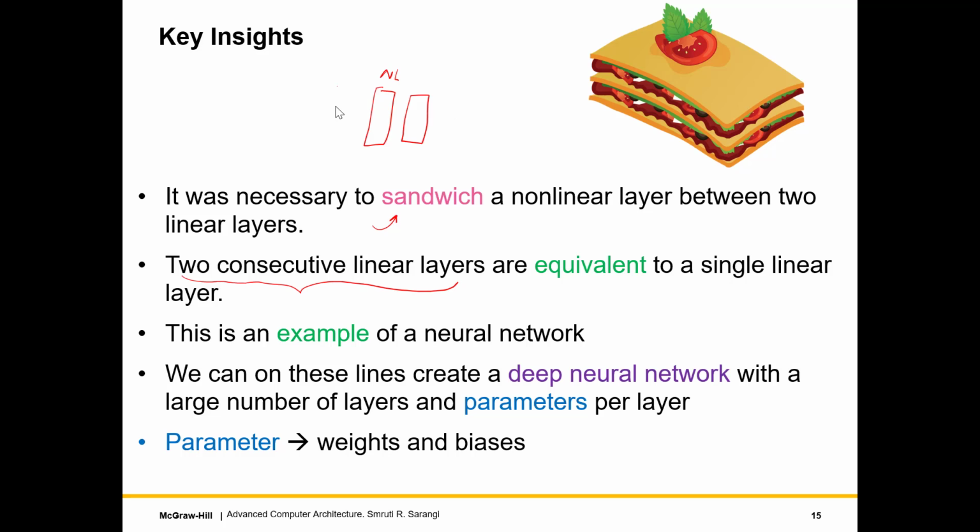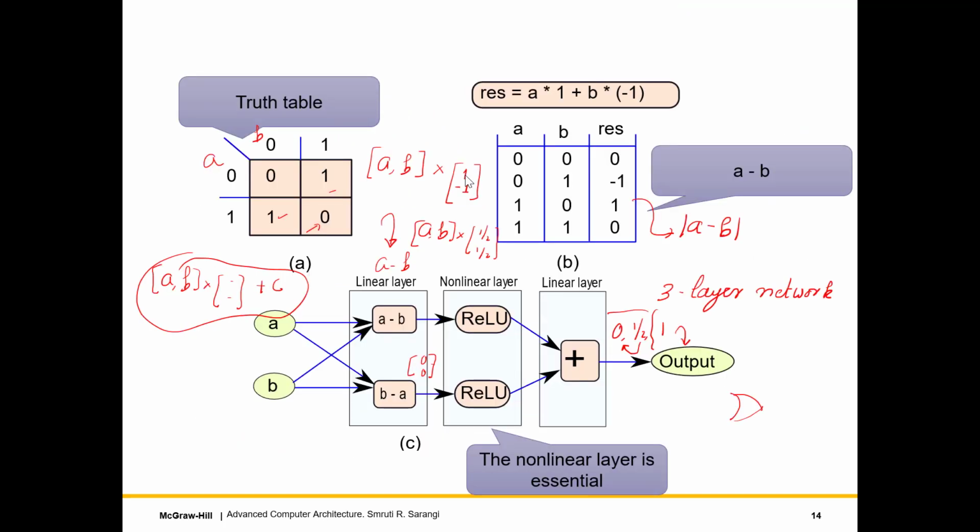So you basically have a linear layer, a bunch of nonlinear layers, then a linear layer, a bunch of nonlinear layers, and so on and so forth. Of course we could have many of these layers, one after the other, as you have seen over here.